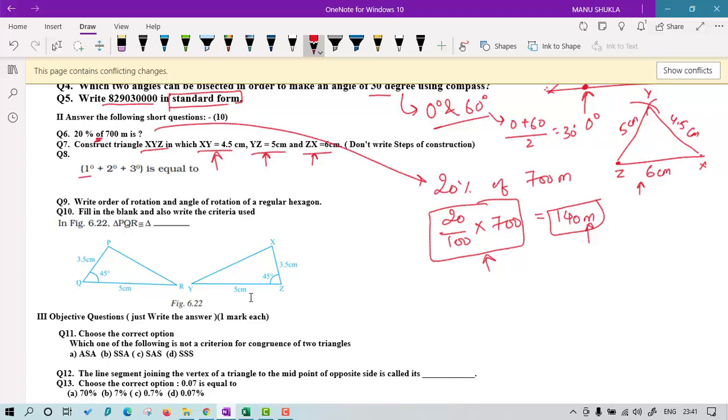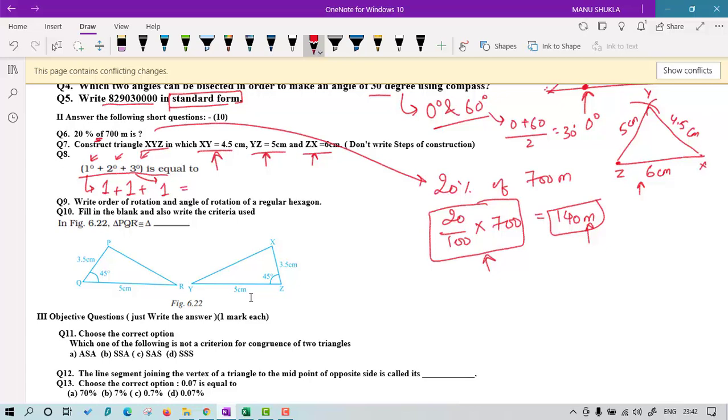Now this question, many of you thought it is degree. That is wrong. This is a question of exponents and powers. 1 power 0 plus 2 power 0 plus 3 power 0 is equal to. We all know power 0 on anything gives you the answer as 1 only. So 2 power 0 is also 1 and 3 power 0 is also 1.